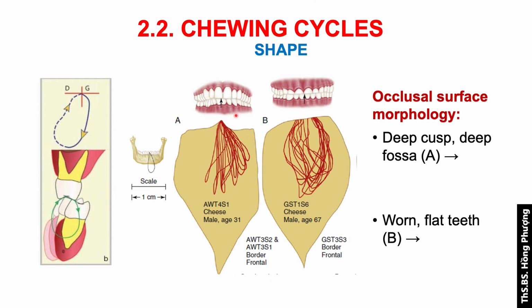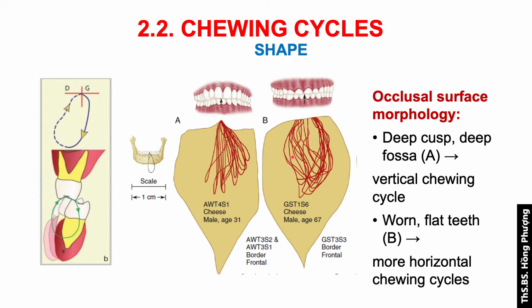The occlusal surface morphology also affects the shape of the chewing cycle. With deep cusps or deep fossae, the chewing cycle is more vertical. But with a worn or flat occlusal surface, a more horizontal chewing cycle is required to enable more efficient cutting and grinding of food.